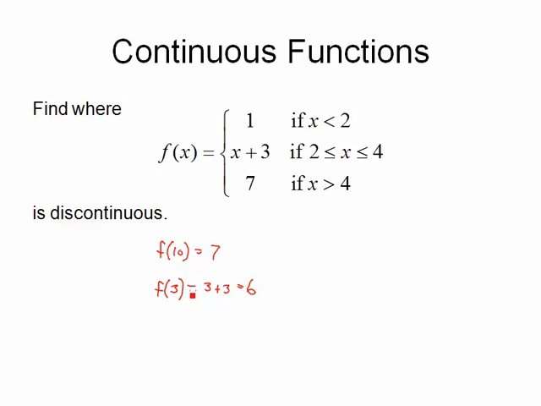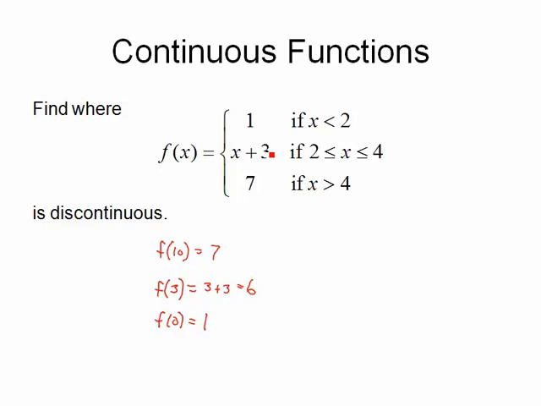If you give me a value like f of 0, I pick which piece it fits into, so 0 is less than 2, and then I use the corresponding formula to tell me what the output is, in this case 1. So the question is, 1 is just a constant function, that's just a horizontal line.